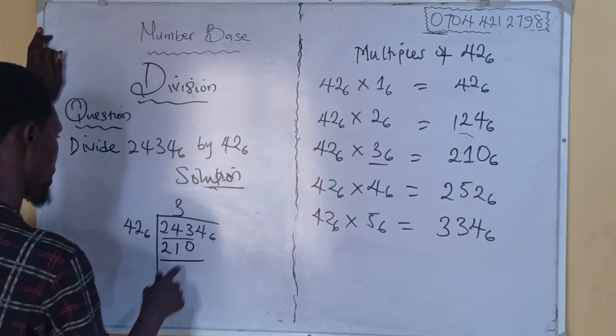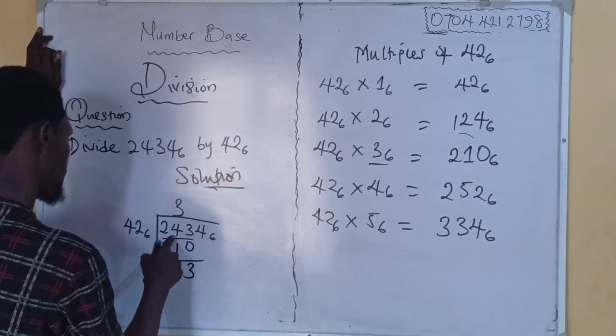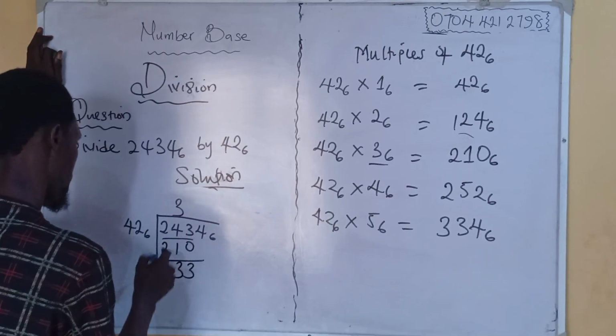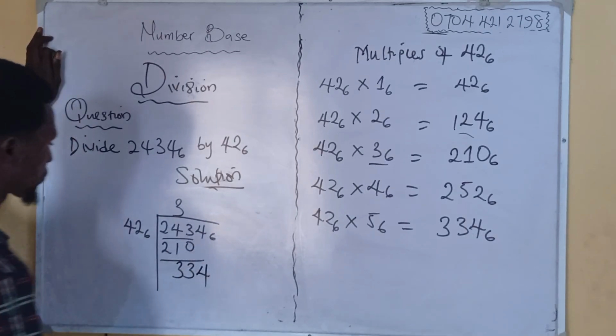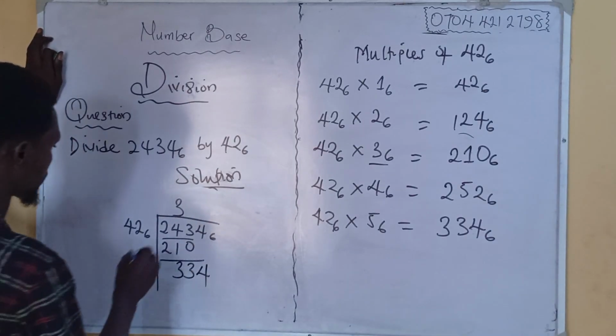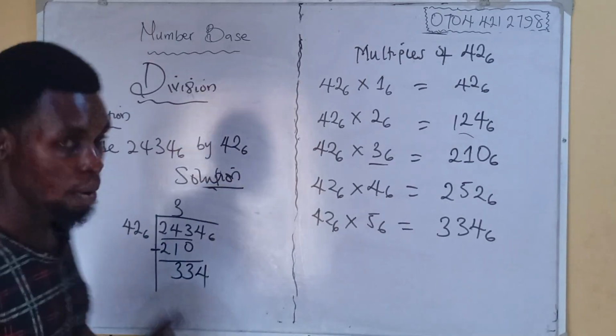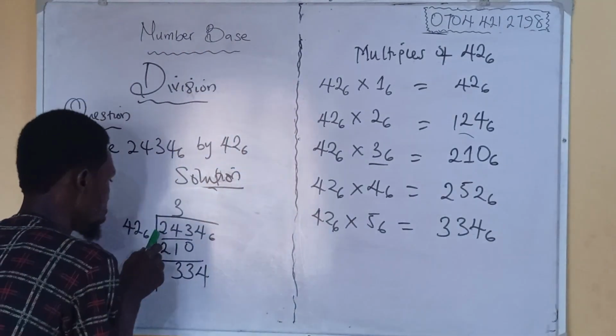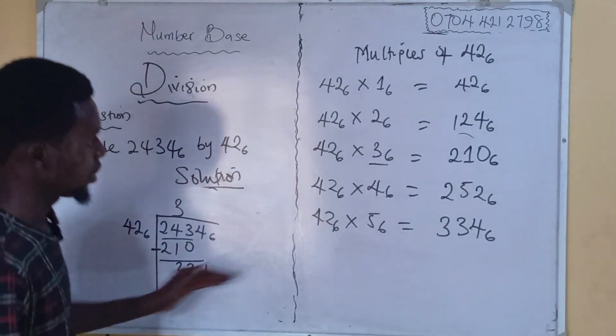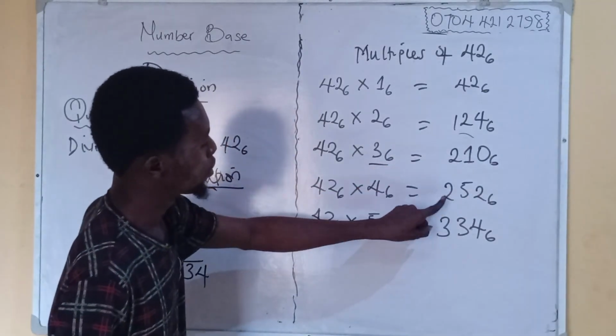So when we subtract, what do we have? This is 3, this is 3, this is 0. So this is 4. Subtract. This is our normal. With this table now, it's very simple. You know that this 243 is in between 210 and 252.